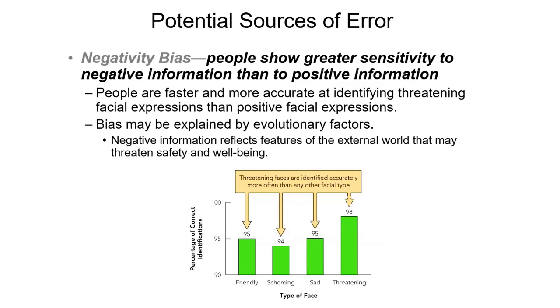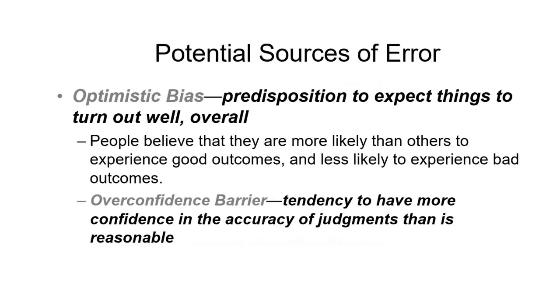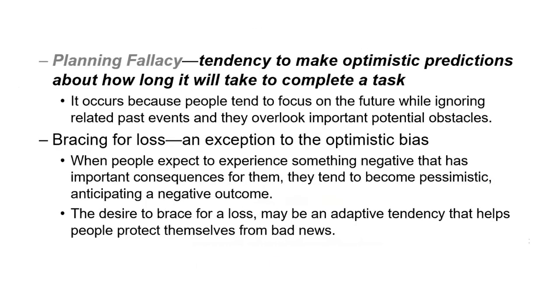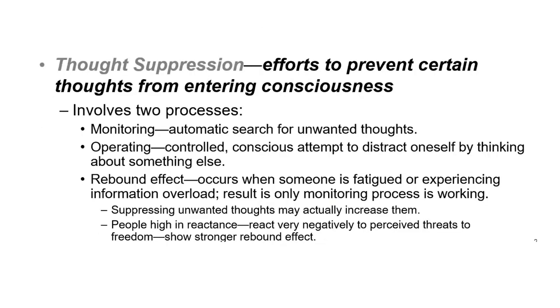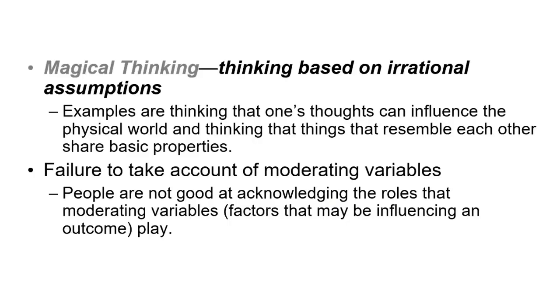Then we learned about potential sources of error, in which we covered negativity bias, optimistic bias, then planning fallacy, and counterfactual thinking, thought suppression, magical thinking, and yeah. So we covered all these things. These all are very important. Questions have been asked from all of these in the previous year papers of even CUET, UGC NET, every exam basically. So yes, this is very important.